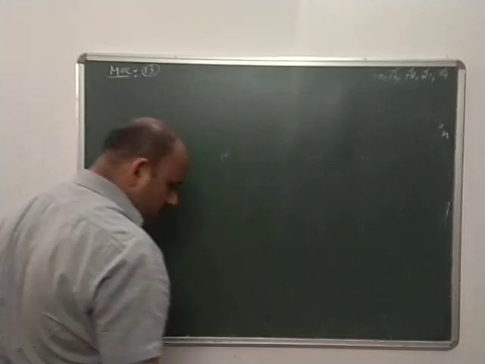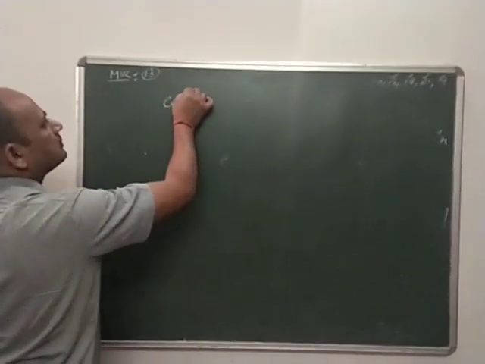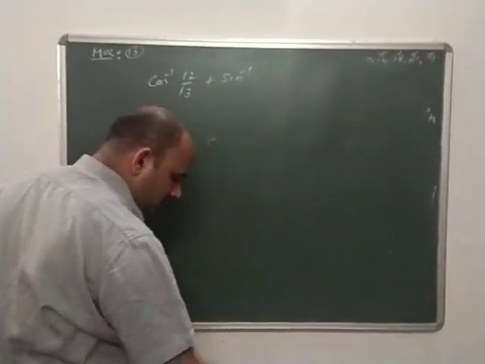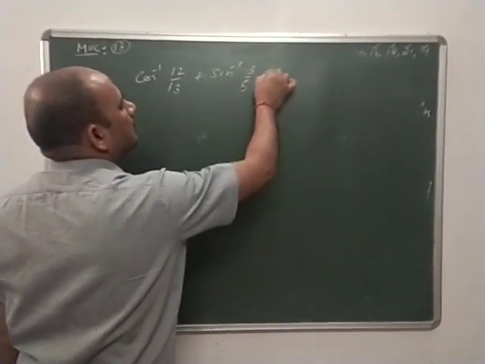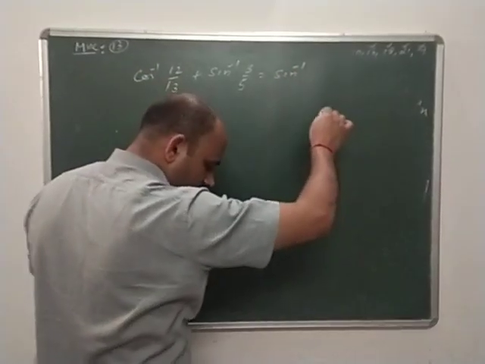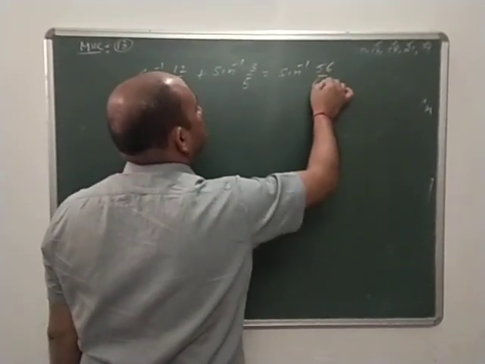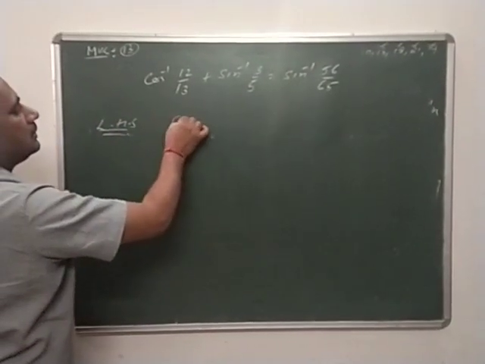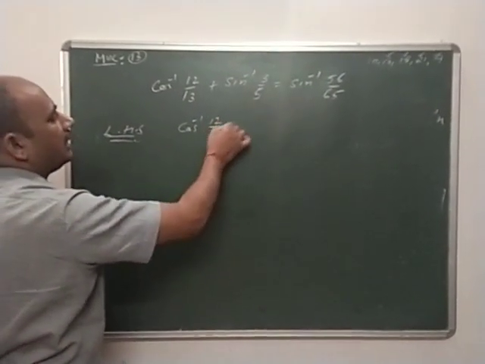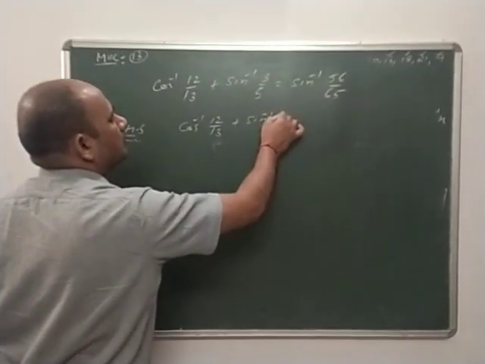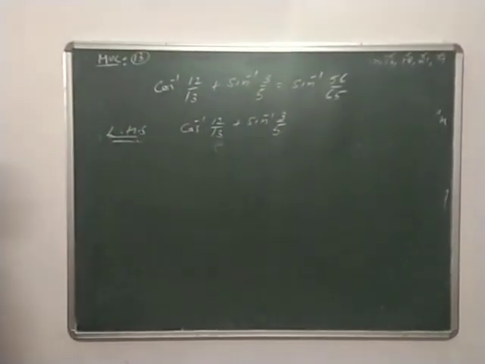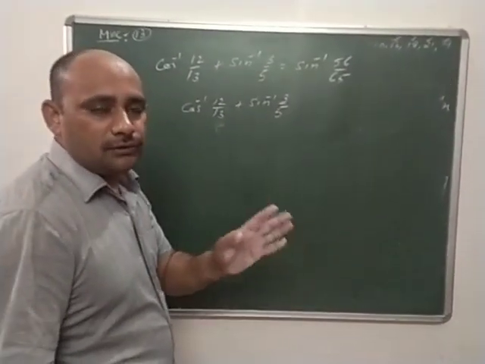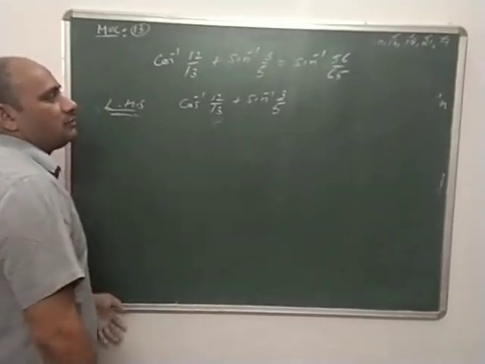The question is cos inverse 12 by 13 plus sin inverse 3 by 5 equals sin inverse 56 by 65. In the left side, cos inverse 12 by 13 and sin inverse 3 by 5. We have the property for tan inverse x plus tan inverse y, which is easy.